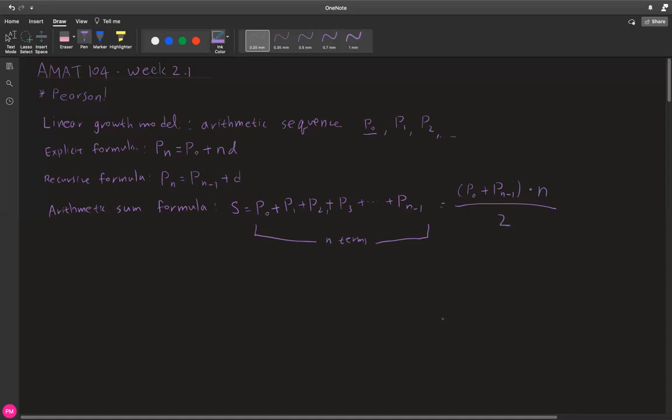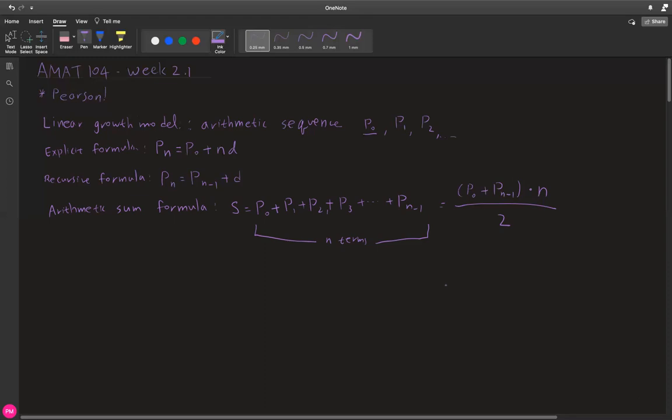Last time we looked at a few examples, including the Gauss example. We've also done adding a sequence that doesn't increase by the increment of 1, and we also looked at word problems.